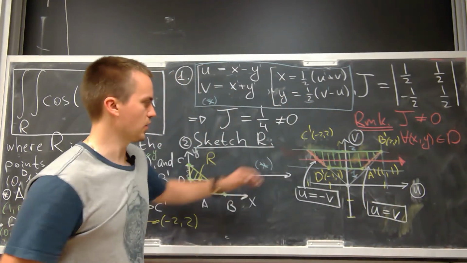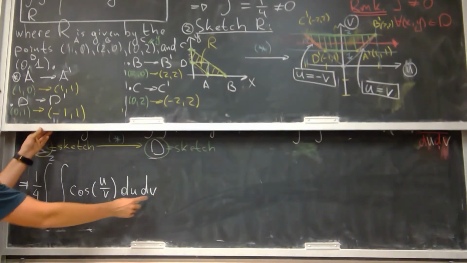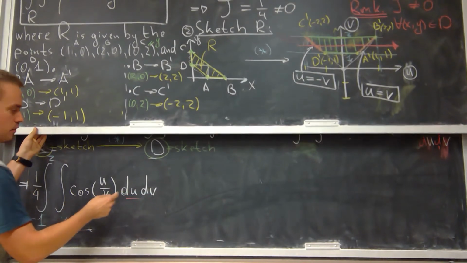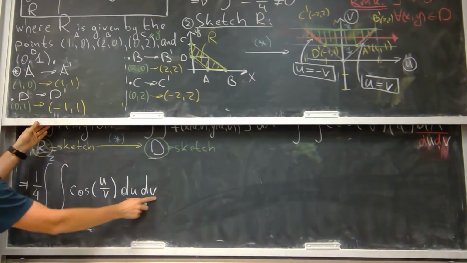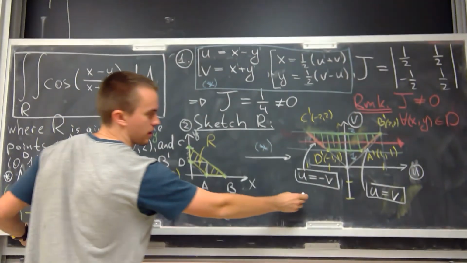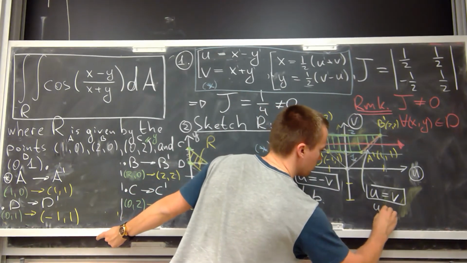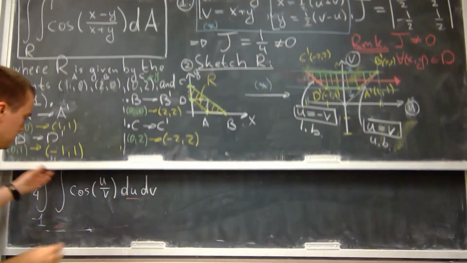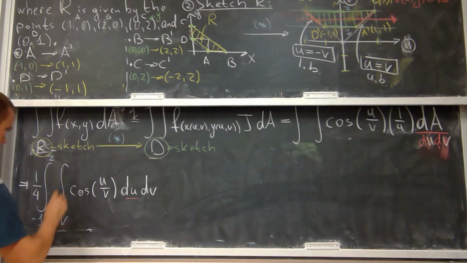And again, when we have the equations of our bounds, since we put our number bounds as dv, we want to write our function bounds in terms of the variable v. That's why my lower bound is -v, and my upper bound is v. So here I have my lower bound from -v to v.